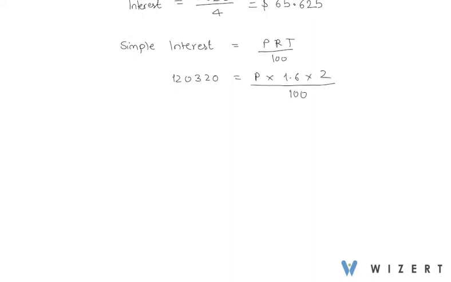So in order to calculate P, we'll take all of these numbers over to the left hand side. So we get P equal to 120,320 into 100 divided by 1.6 into 2.